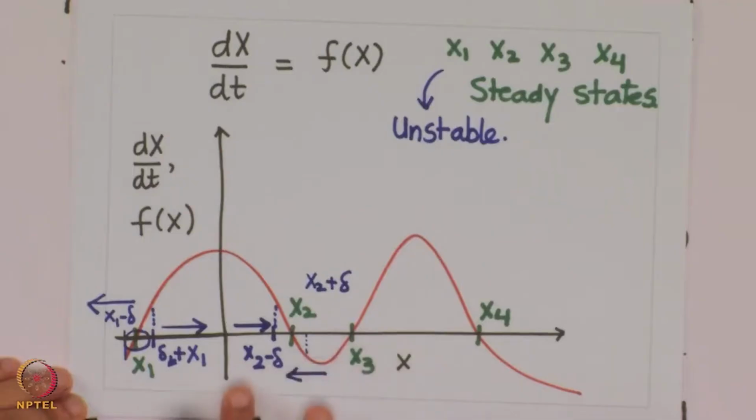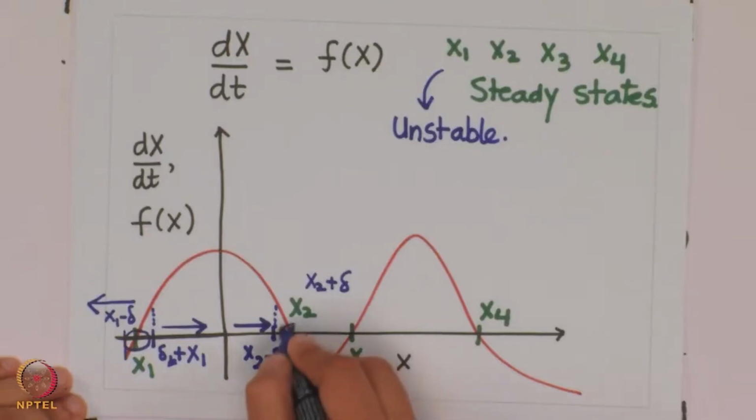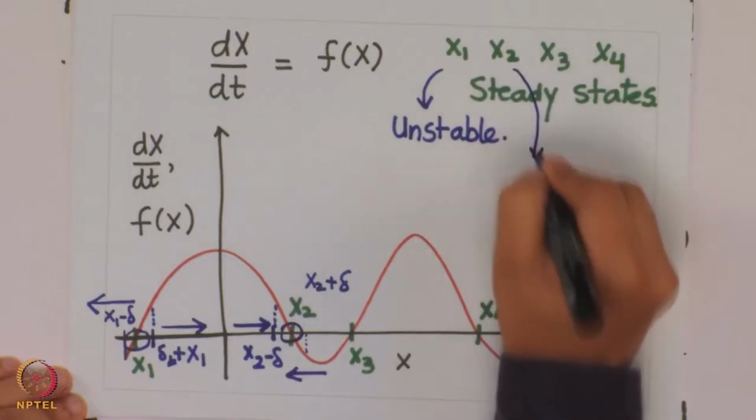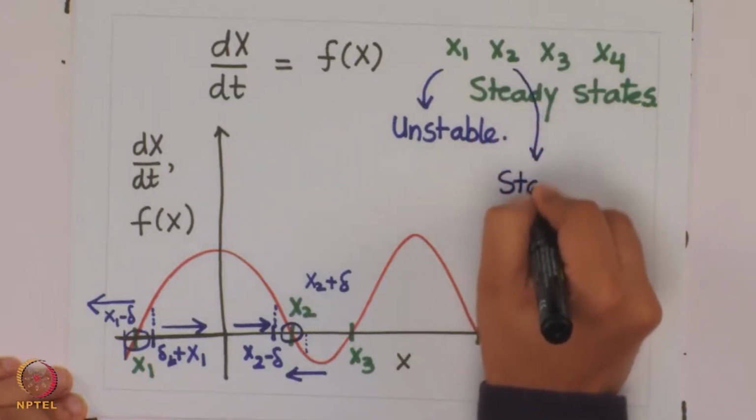And hence we can see that for point x equal to x2, irrespective of which direction we introduce the disturbance, the system wants to move back towards x2. If the disturbance is on the lower side, the system wants to increase the value of x. If the disturbance is on the higher side, the system wants to decrease the value of x, and hence x equal to x2 is a stable steady state.